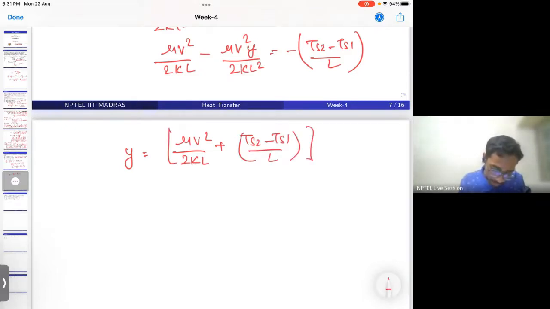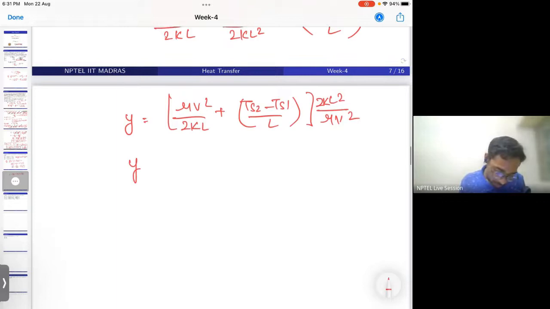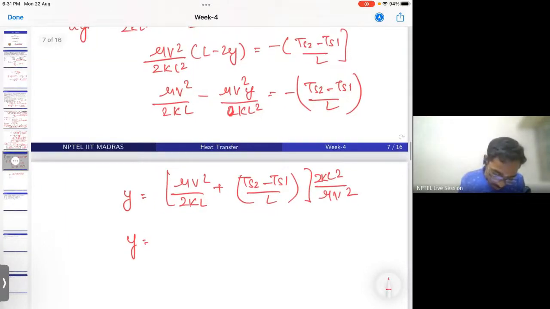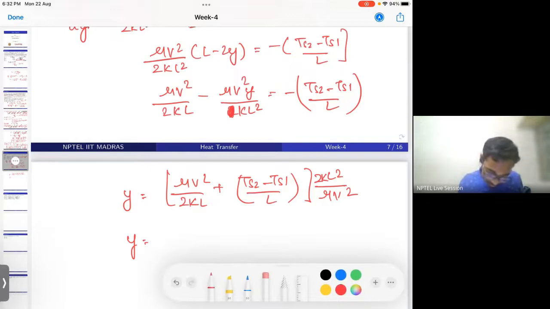We are multiplying it with L square divided by μv squared over k. If you do it, sorry, this 2 is not there.